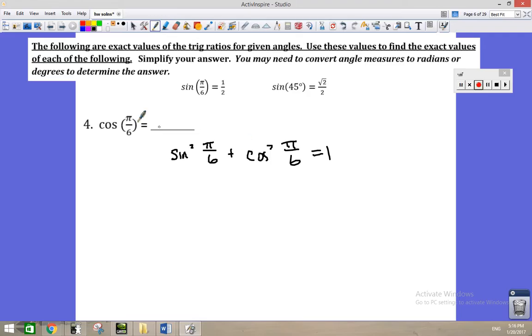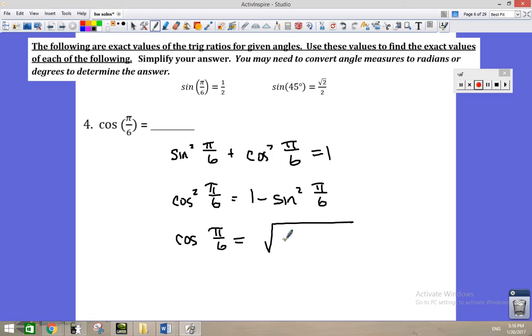So if I solve this equation for cosine of pi over 6, what do I have? I have cosine squared pi over 6 is equal to 1 minus the sine squared of pi over 6, and pi over 6 is in the first quadrant, so when I take the square root, I don't have to worry about plus or minus.